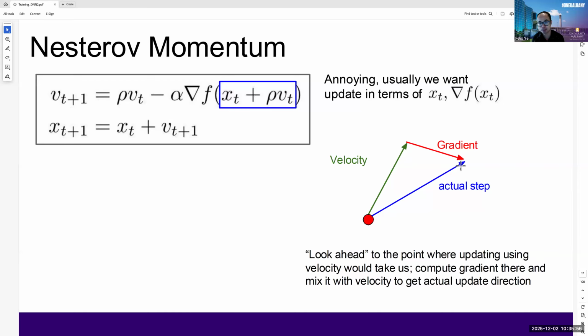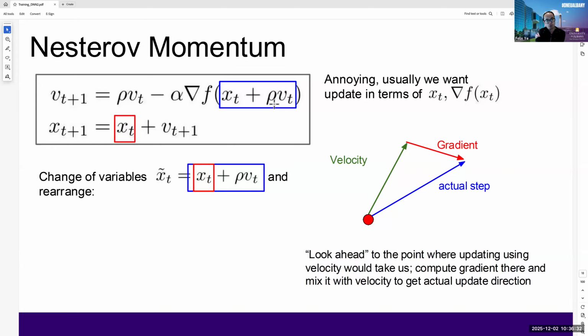But if we write everything in this way, this is quite annoying. I want our update to be xt and the gradient of f at xt. This way we can compute everything very easily and nicely. But if you want me to compute something like xt plus rho vt, this whole update scheme will be a little bit annoying and computationally inefficient.